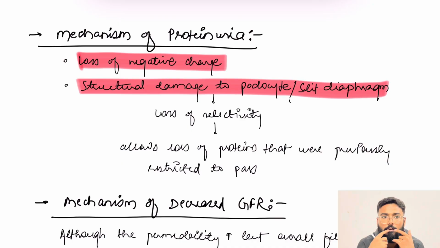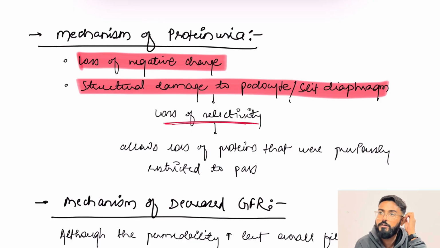See, first, whenever the glomerulus is damaged, there will be loss of negative charge. This negative charge is present in endothelium and basement membrane, and whenever there is damage of these structures, there will be loss of negative charge, and also there will be structural damage to the podocytes, or you can say slit diaphragm or the slit pores. So this is going to cause loss of selectivity.